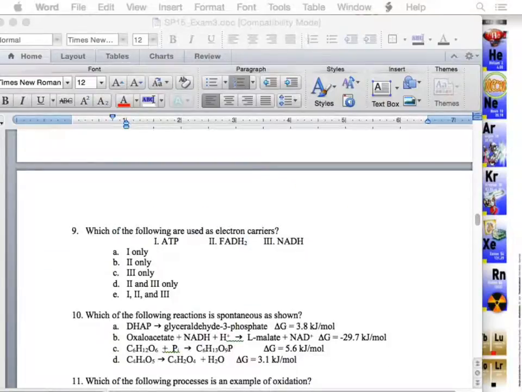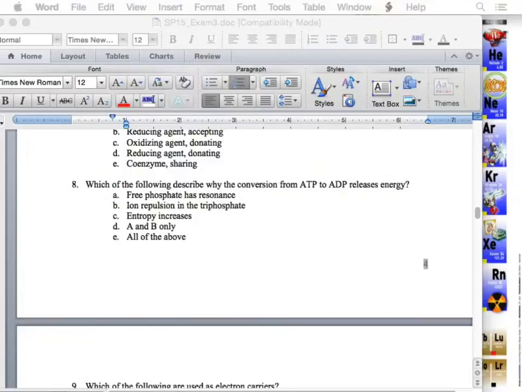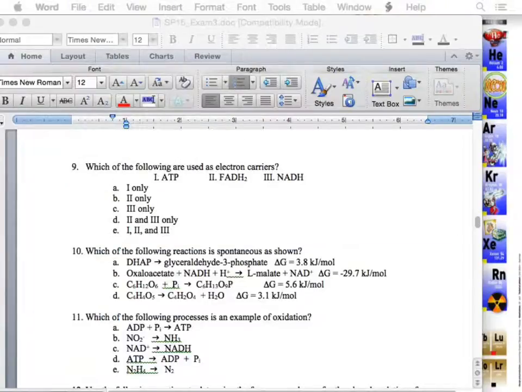Dang it, we are not going anywhere near as fast as I thought we could. Which of the following are used as electron carriers? 2 and 3. FAD and NAD. Well, technically FADH2 and NADH. What if I'd written NAD plus, FADH2 and NADH?